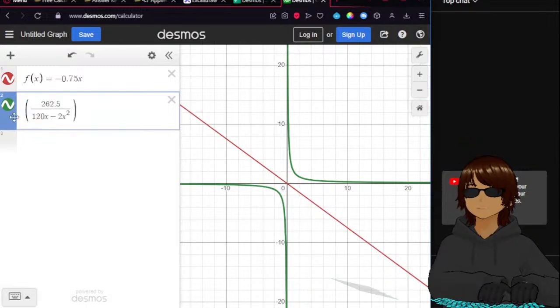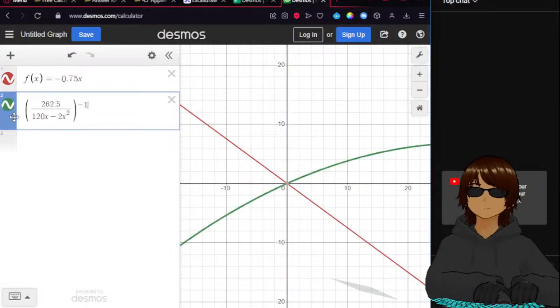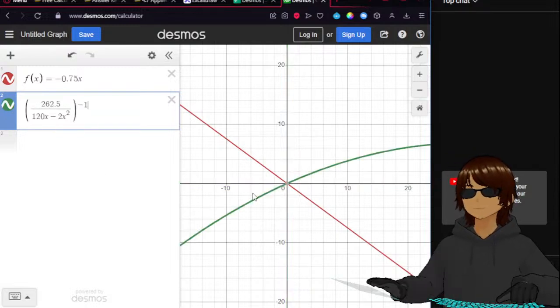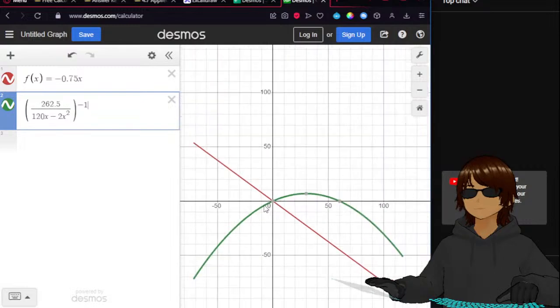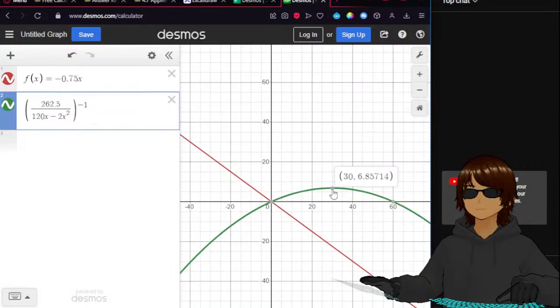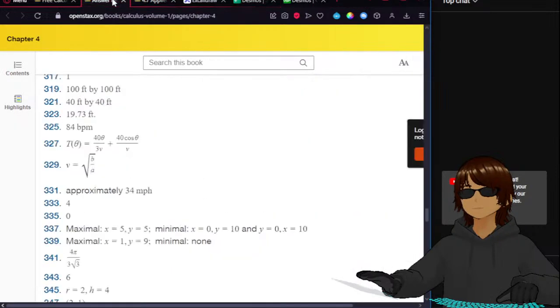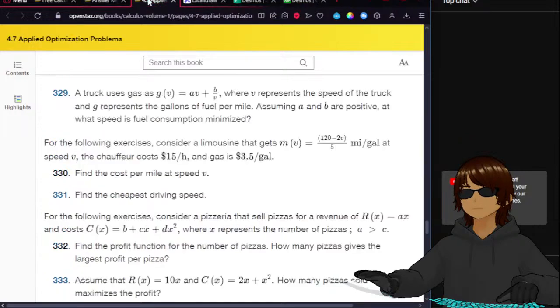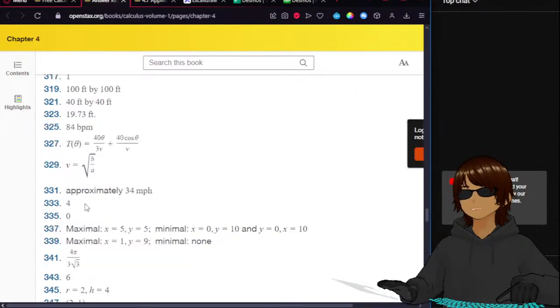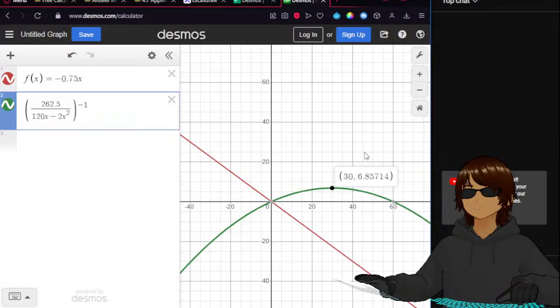If I do this and then I do this, what is this? 331. Approximately 34 miles per hour.